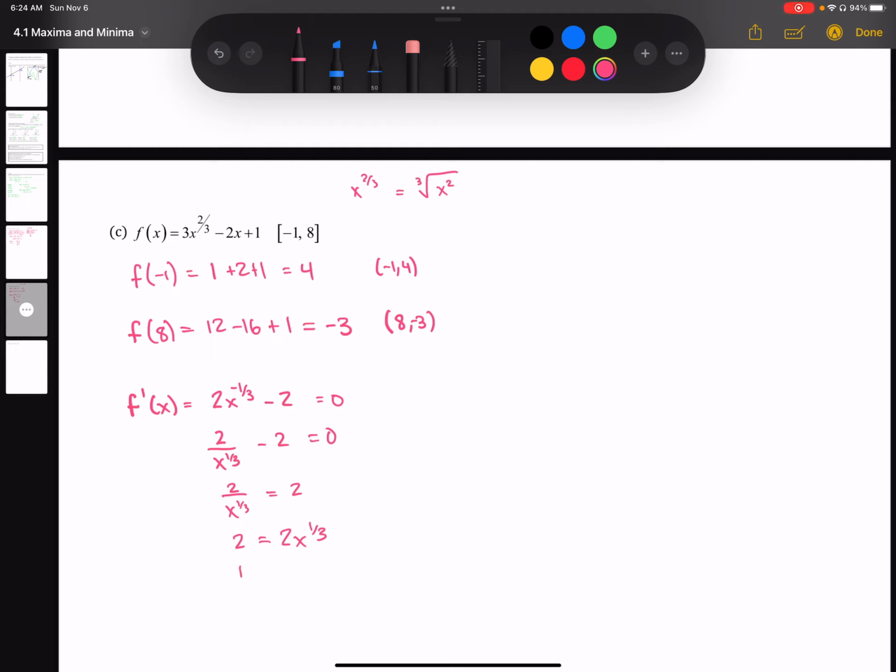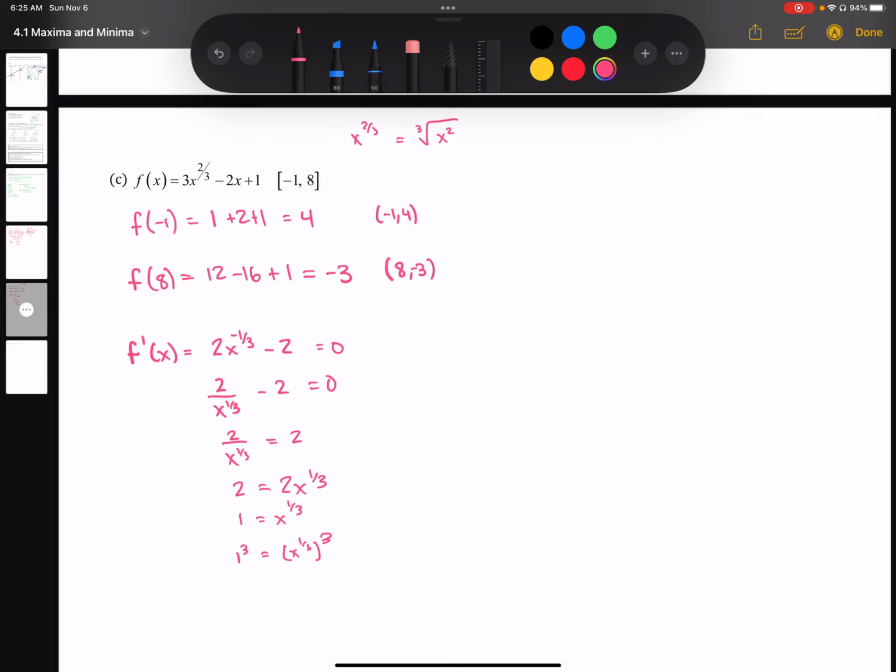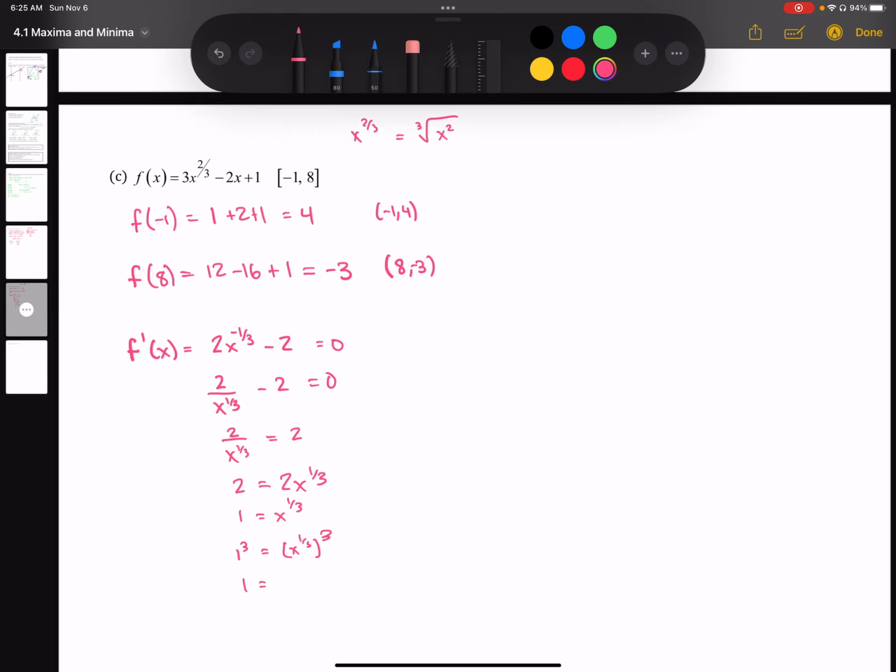Divide both sides by 2. So 1 equals x to the 1/3. If we cube both sides, 1 cubed equals x to the 1/3 cubed, and so we just get x equals 1. So we also need to check f of 1. And so f of 1 is going to be 3 minus 2 plus 1, which seems like we get 4 minus 2, which is 2.